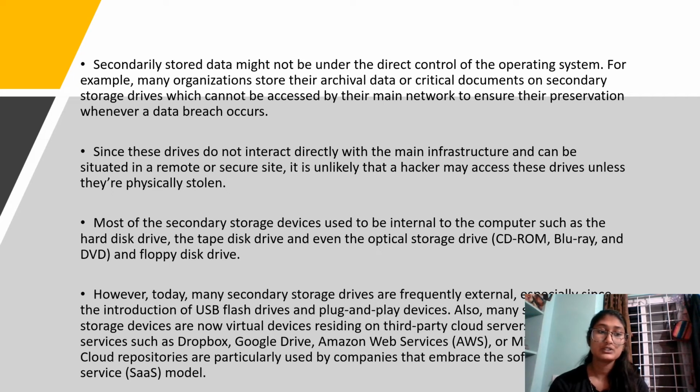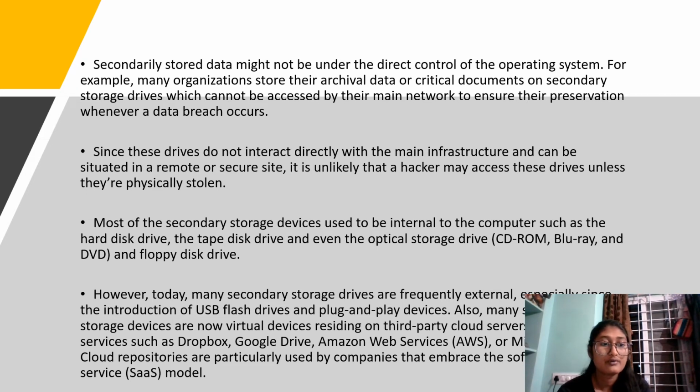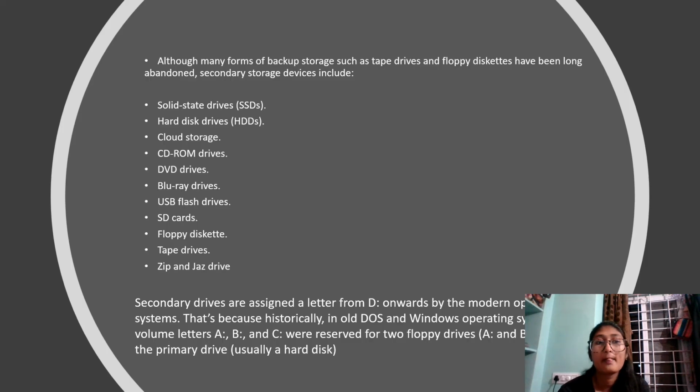Also, many storage devices are now virtual and reside on third-party cloud services such as Dropbox, Google Drive, Amazon Web Services, and cloud providers, particularly used in companies to embrace software services, although forms of backup storage such as tape drives and floppy disks remain.